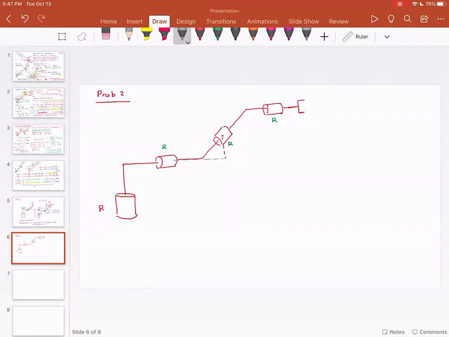Then the last problem is actually an easy problem.